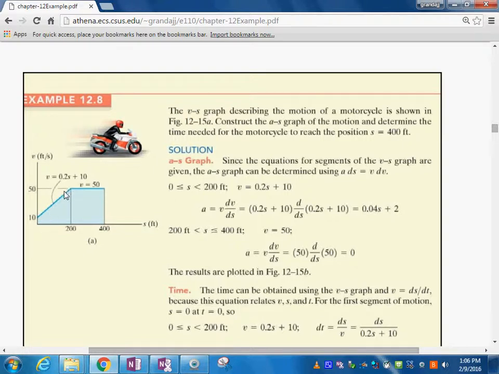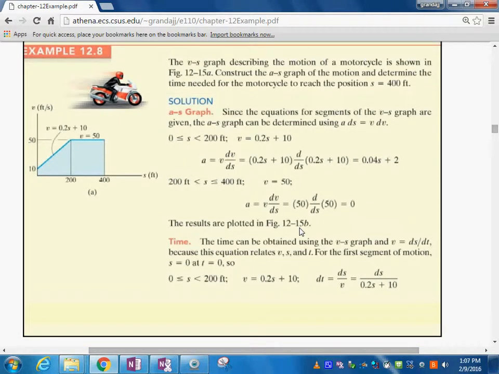And then you have this velocity is constant. So in here you use the acceleration as v dv/ds, and v is 50 times d(50)/ds, which is equal to 0.